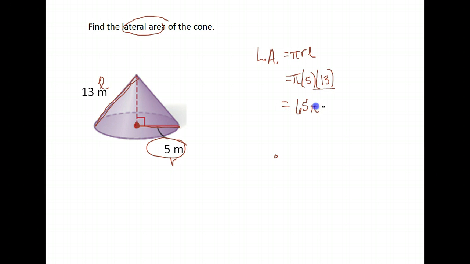So our answer would be 65 pi, and that was in meters squared. If they want it in terms of pi, with the pi left in it, that would be our answer. If they would like it rounded, then we would multiply 65 times pi, and we would get our more exact answer without pi of approximately 204.2.